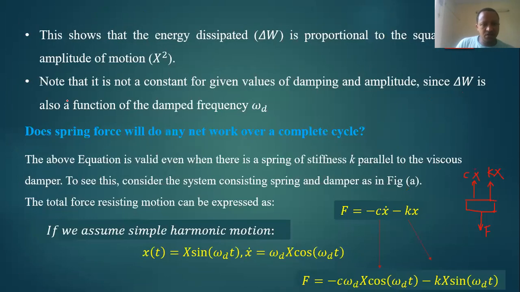So here dW is equal to F times x dot dt.